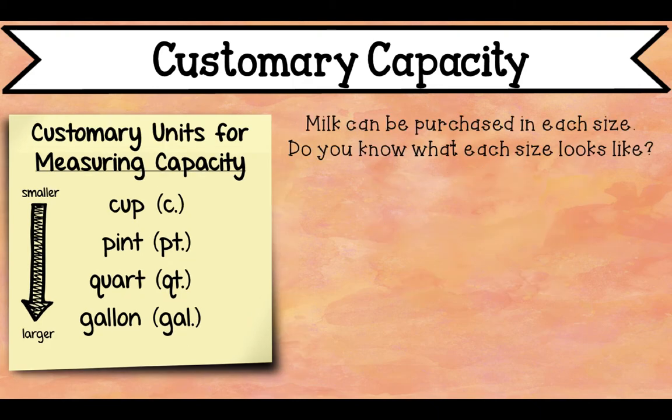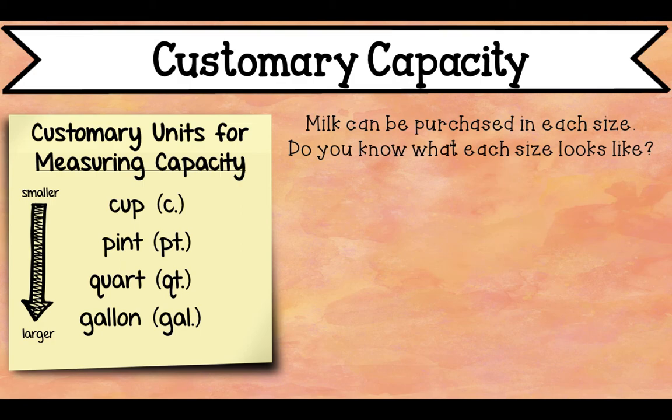Milk can be purchased in each size. Do you know what each size looks like? Well, I know that some of you have been to the grocery store before and you've seen a gallon of milk. You can also buy gallons of orange juice and gallons of tea and other different beverages you can buy by gallons. You can also buy certain things in the grocery stores in cups, pints, and quarts.